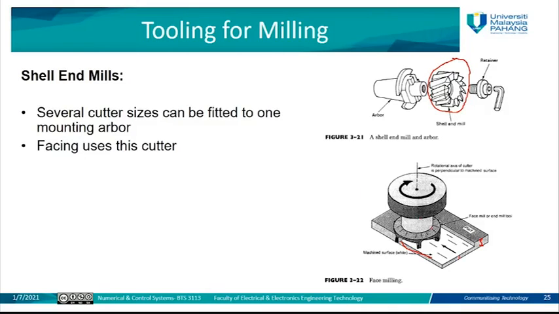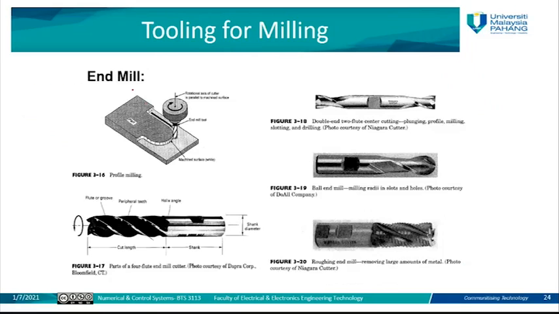As you can see, the shell end mill has a bigger diameter, and maybe the feed rate here will become bigger, because it depends on the size of the machine and the tools, and it will give you a bigger size. We may do this milling operation using other tools, like the end mill in this case, but this will require the spindle to go many times.